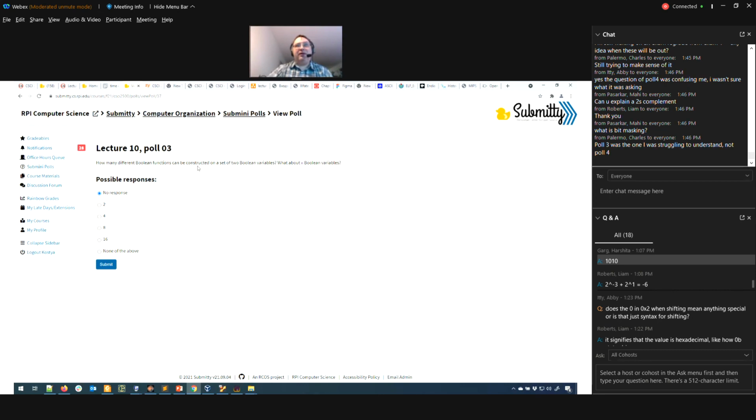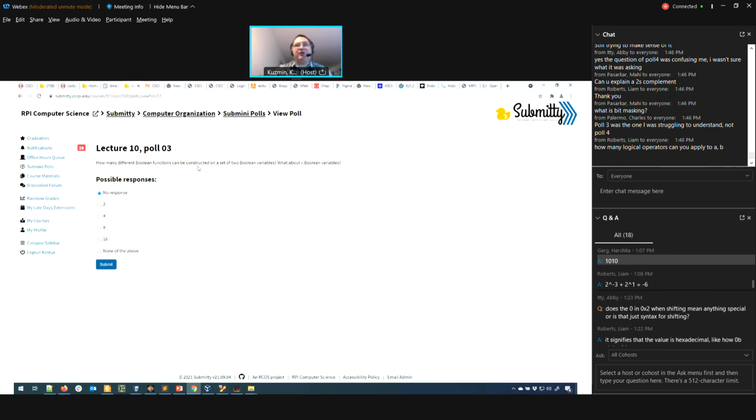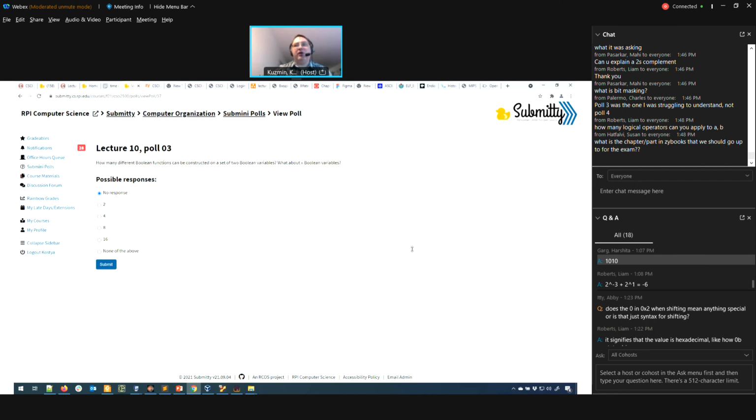So what does it mean that the function is Boolean? It means that its result is true or false. And this function takes arguments. For a Boolean function, the arguments are also Booleans. How many arguments can we have? Well, we have a lot of variety. We can have a Boolean function that has no arguments. Those would be constant, true, and false.